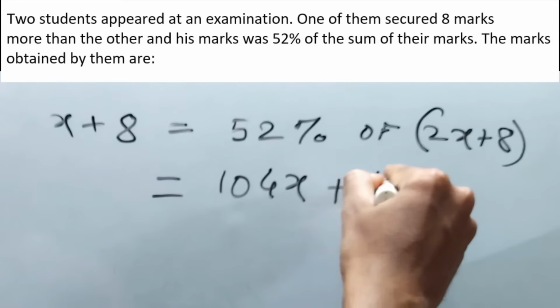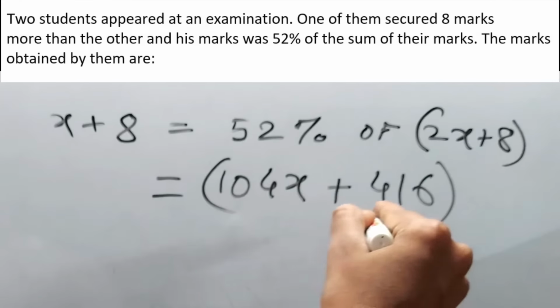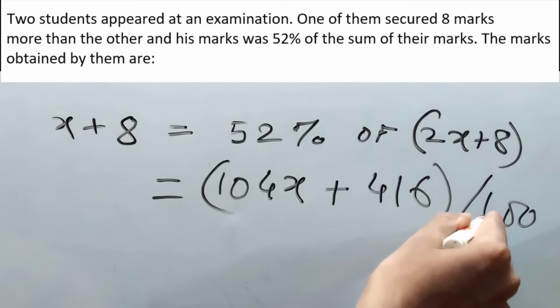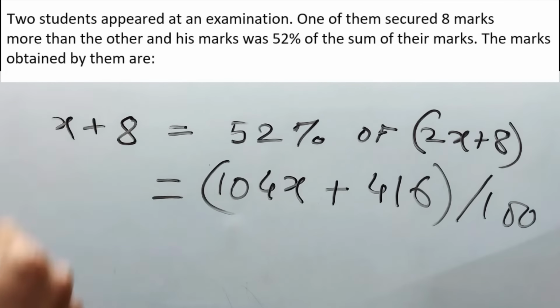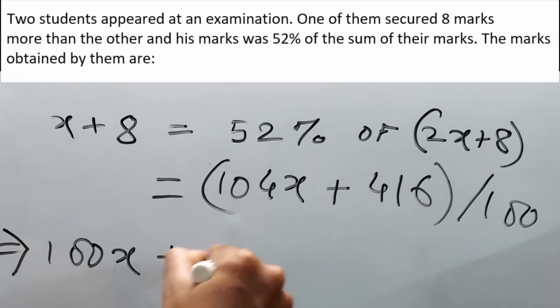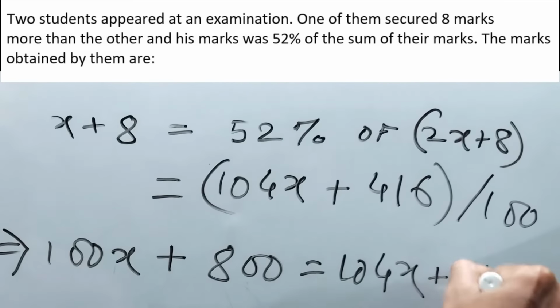So 416 divided by 100, right? And now if we multiply this 100 with this x and 8, we'll get 100x and 800, and this side we know that is 104x and 416, right?